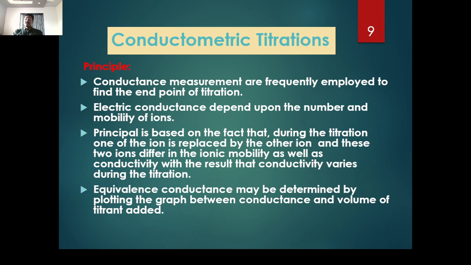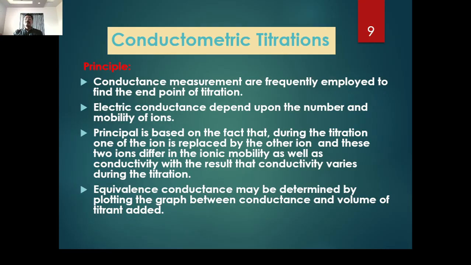Due to this variation in mobility, we get different conductances. When we plot a graph of the titration, we get the end point. During the titration, one ion is replaced by another ion, and these two ions differ in ionic mobility as well as conductivity, with the result that the conductivity varies during the titration.